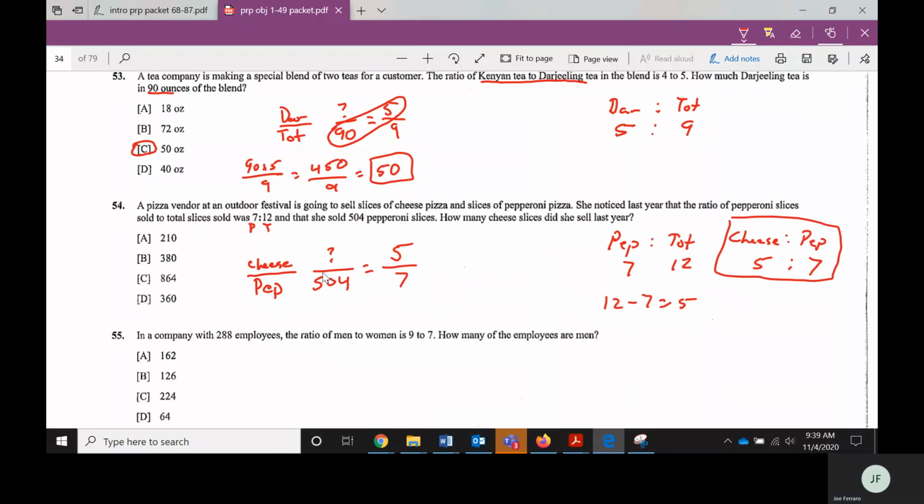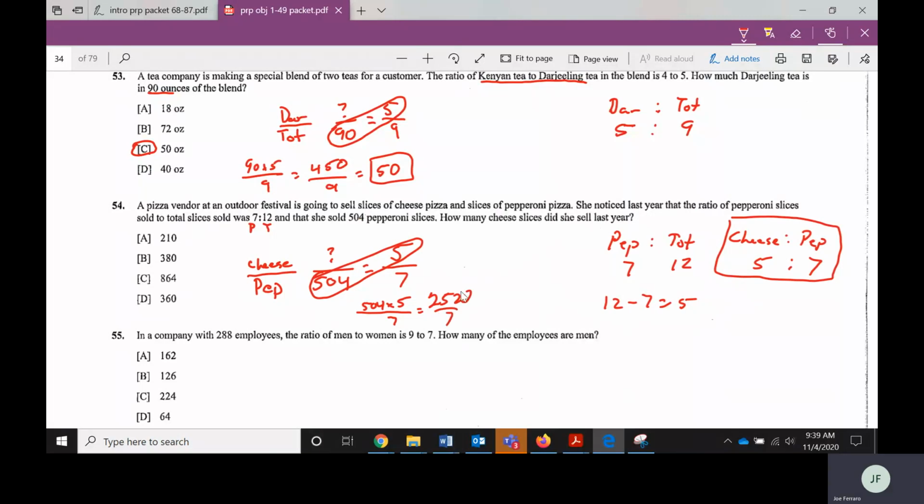Now, again, solve, cross multiply. So we're going to take 504 times 5, divide by the third number. So 504 times 5 is 2,520.